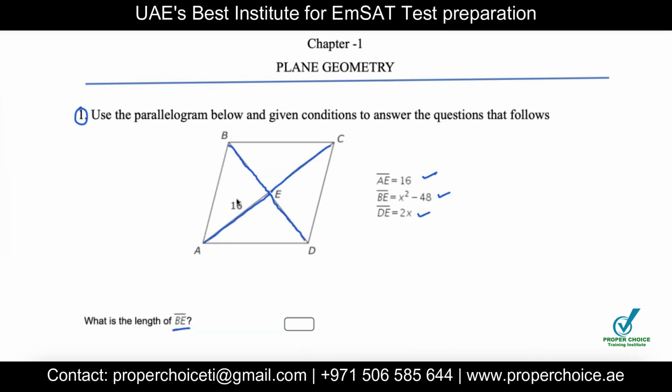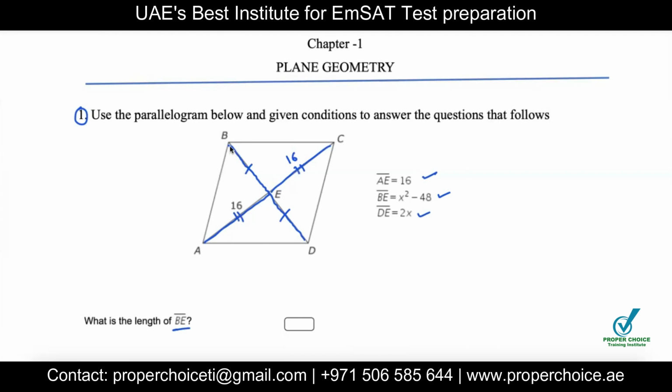And we know that the diagonals drawn inside a parallelogram bisect each other. Basically, the length of BE is equal to the length of ED. Likewise, the length of AE is also equal to the length of EC. So if this is 16, this also has to be 16.